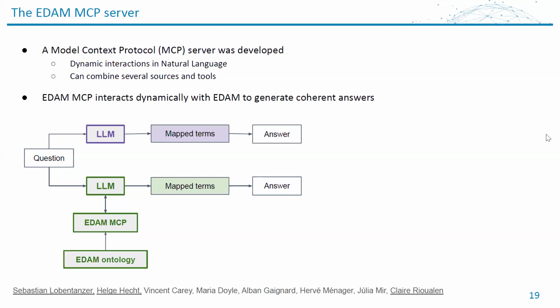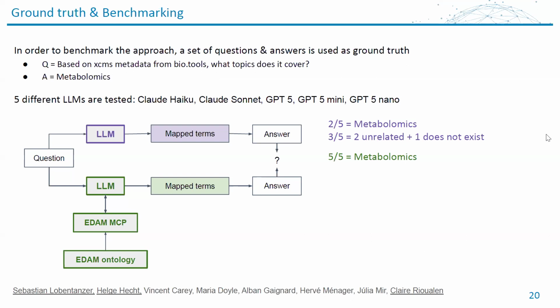And so in order to compare approaches, we have developed EDAM MCP, which is an MCP server that can interact dynamically with the EDAM ontology. And we have compared the performance of the EDAM MCP against the simple approach, just asking an LLM. We generated a set of questions and answers to use as a ground truth.